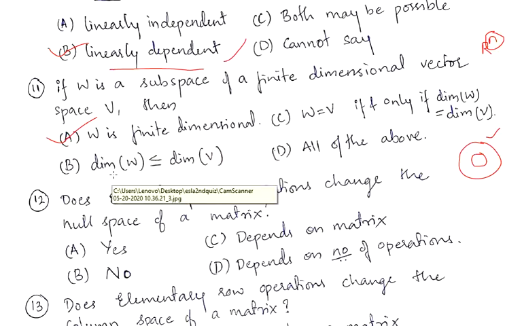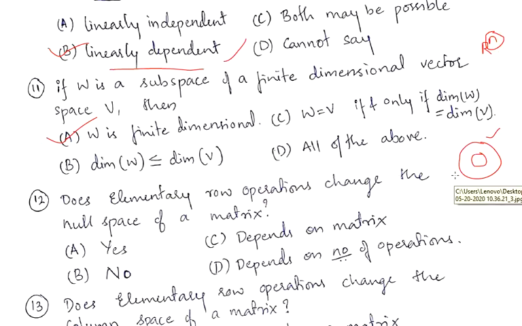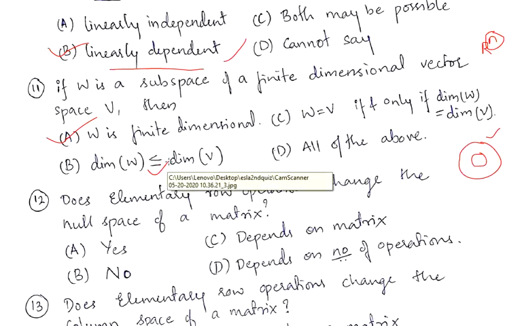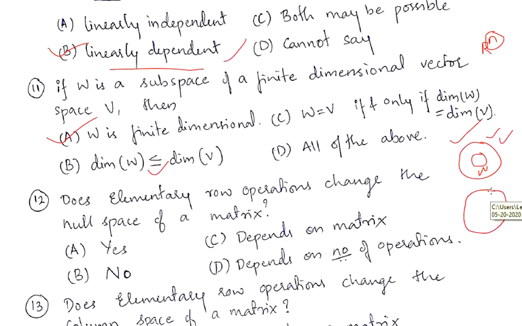B is: dimension of W is less than or equal to dimension of V. Obviously, it can be at most equal, because a subspace may have the same number of vectors as vector space V has. So that is the maximum limit. It can be 0, it can be equal, or it can be less than. See, this is V and this is W. We can draw it like this also.